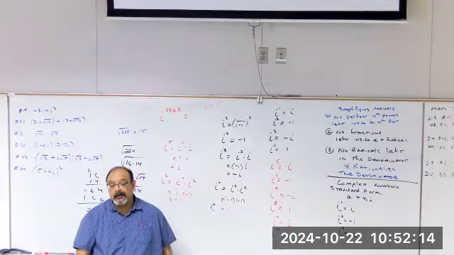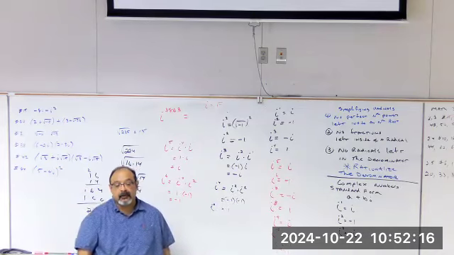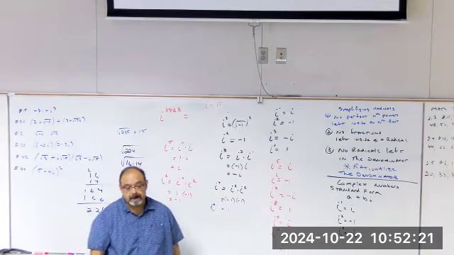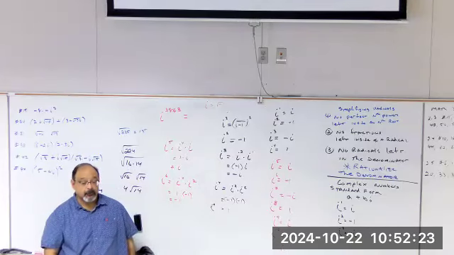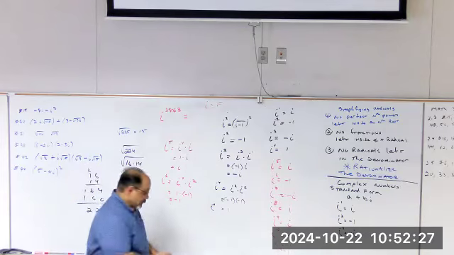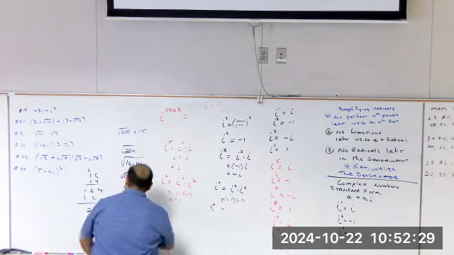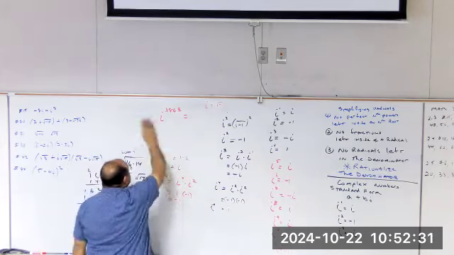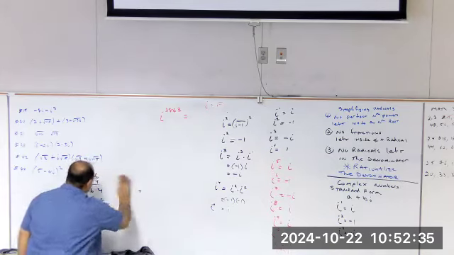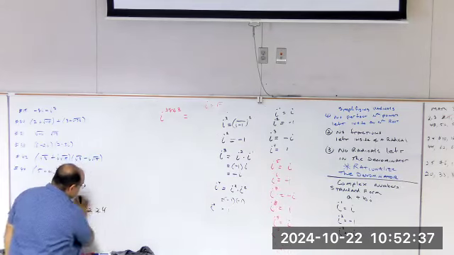How many are in the pattern? How many does it take for a repeat? 4. There's 4 in the pattern. So all you have to do is you take the old exponent and divide by 4.